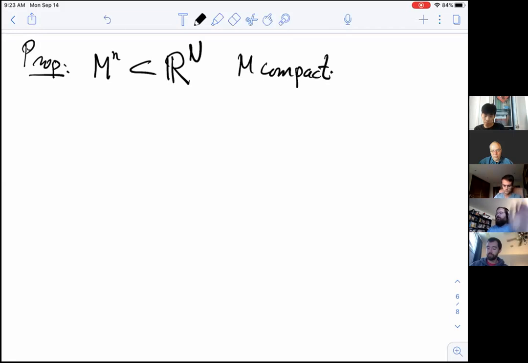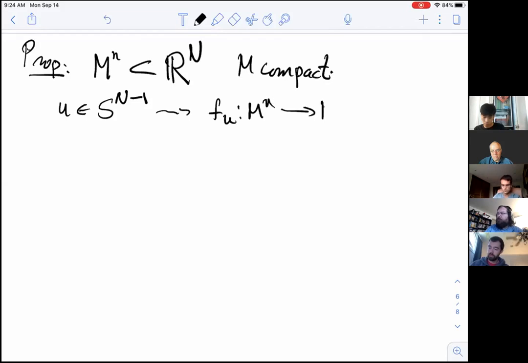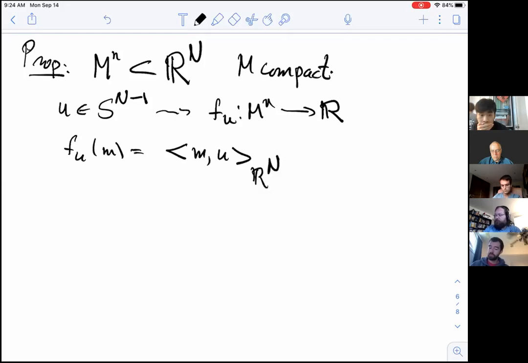Then for any unit vector U in the ambient space, we have a function fU on the manifold, namely fU of m is simply the inner product of m and U. This is the Euclidean inner product in the ambient space.